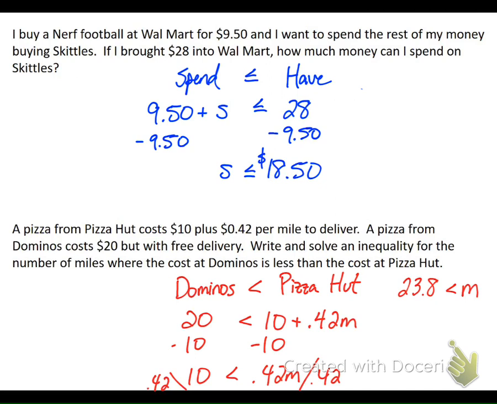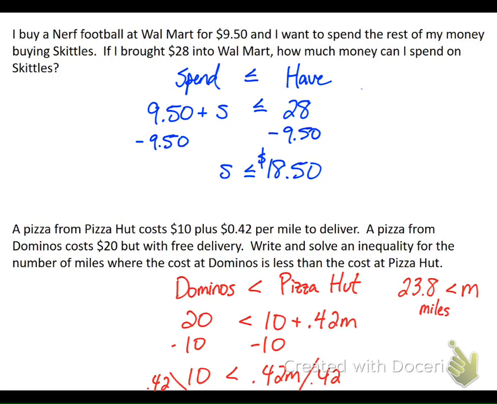So if I'm delivering farther than 23.8, I should go with Domino's instead of Pizza Hut. If I'm traveling less than 23.8 miles, I should go with Pizza Hut instead, because Pizza Hut will end up being cheaper for anything under that mileage.